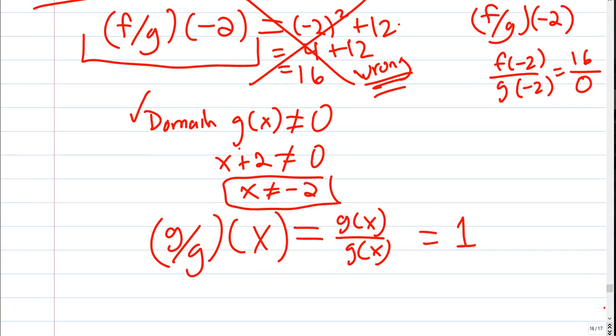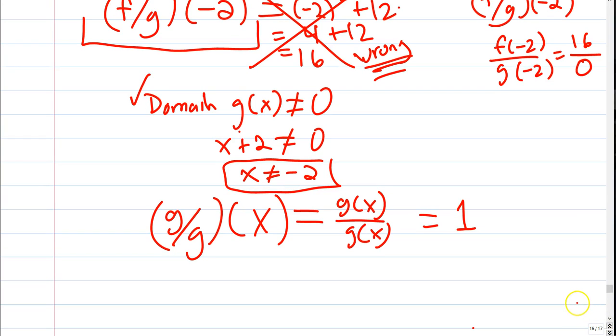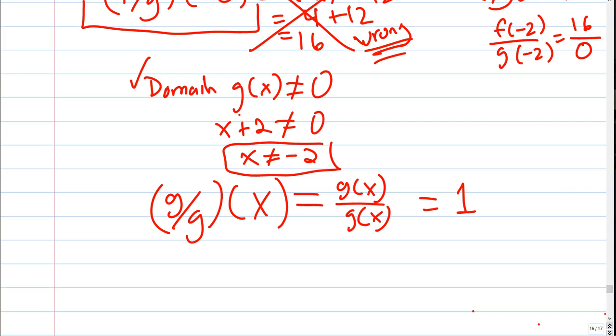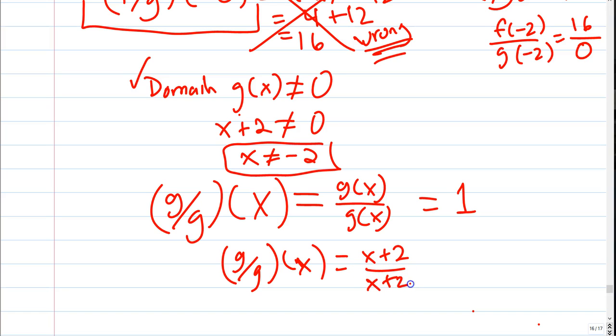We know that g over g of x makes sense to be 1, because g of x divided by g of x is 1, right? g of x was x plus 2, so g over g of x would mean x plus 2 over x plus 2. So g over g of x would equal 1, sort of.